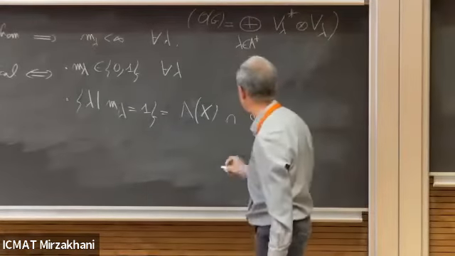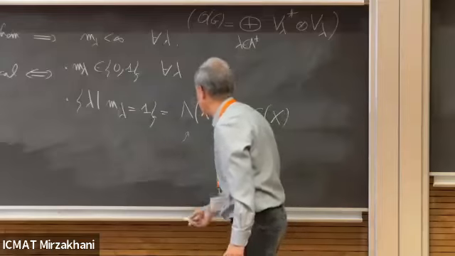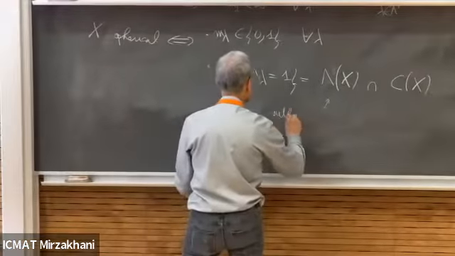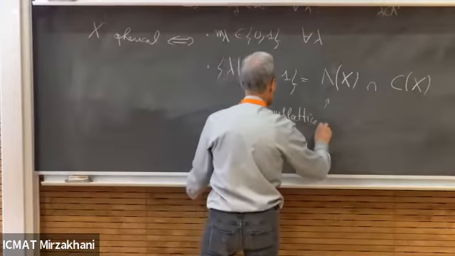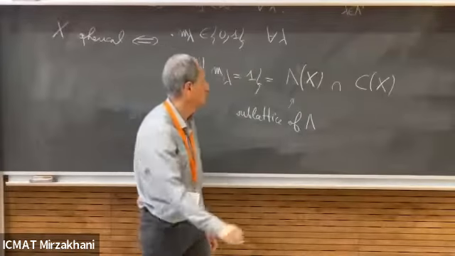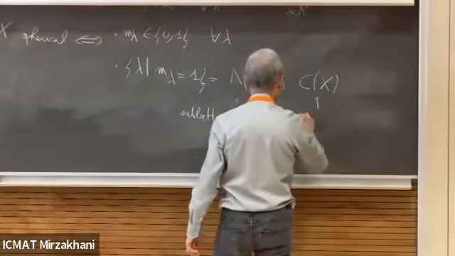So let me explain. So this is a sub-lattice of a great lattice, and this should be some convex cone.